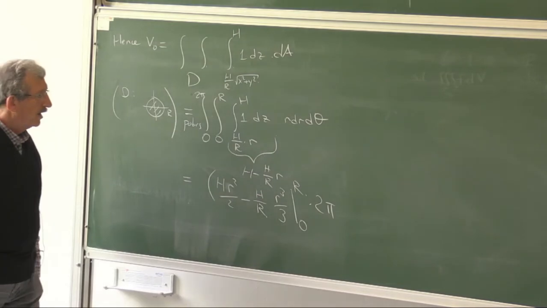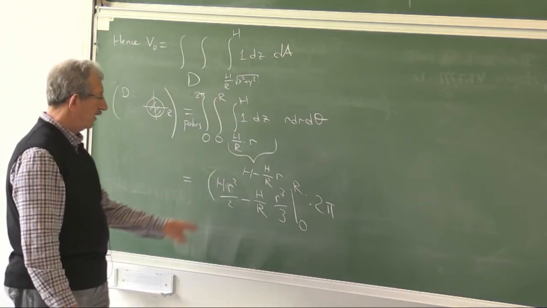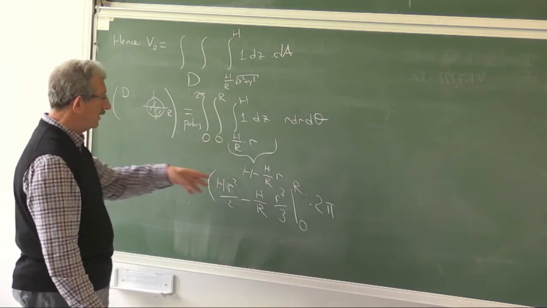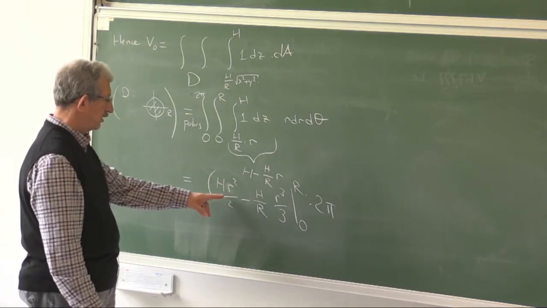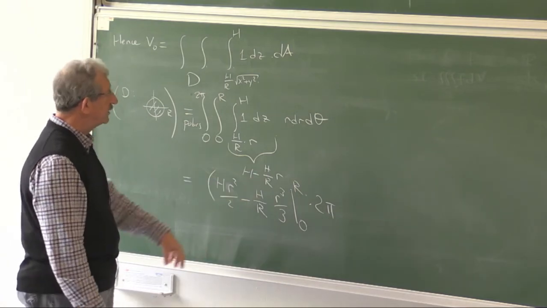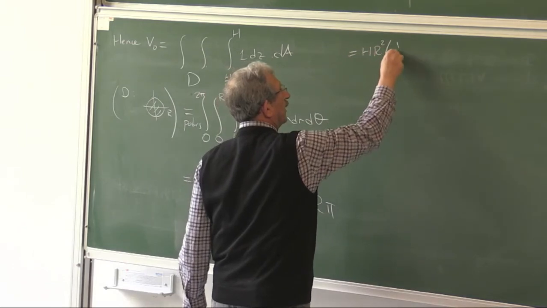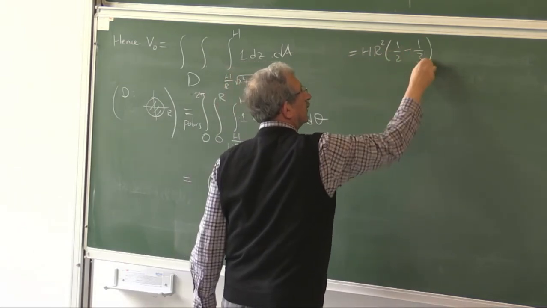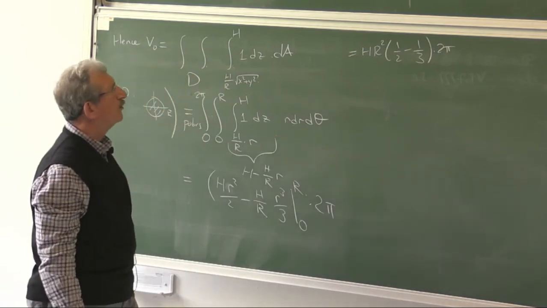And if I put in r, I get h r squared in both cases. So that would be h r squared, 1/2 minus 1/3, times 2 pi, and that would be 1 over 6.